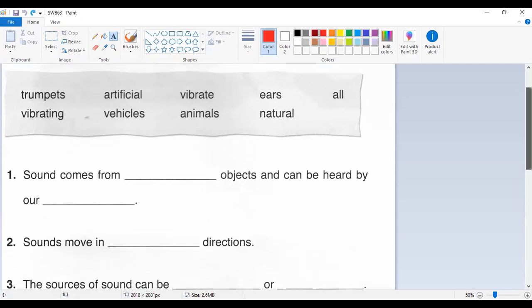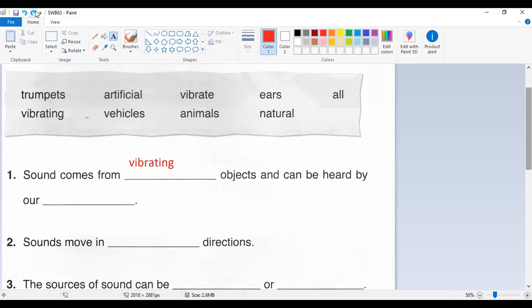Okay, so let's start. Number one, sound comes from something, objects, and can be heard by our, what part of our body do we use to listen to things? So heard by our ears. Sound comes from vibrating objects and can be heard by our ears.